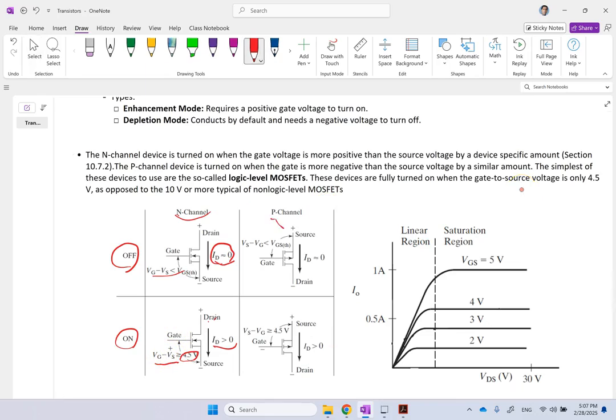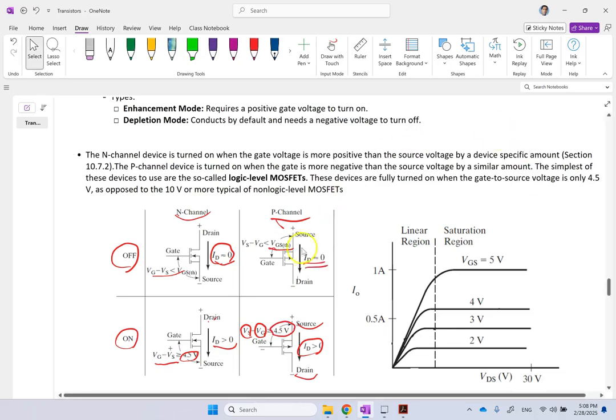For P channel, the current is going from source to drain. And for that, V of source should be bigger than V of the gate by, again, more than 4.5 volts. If it's less than that, again, no current, okay?